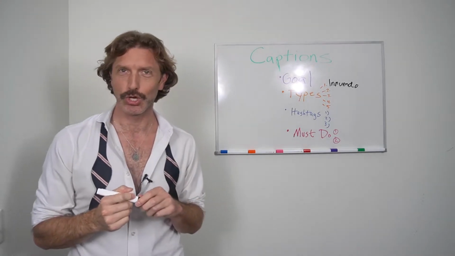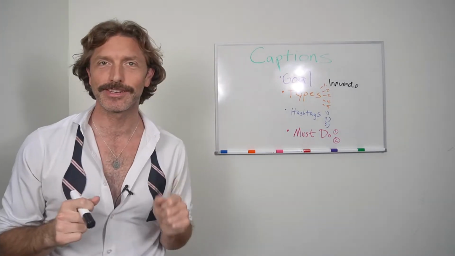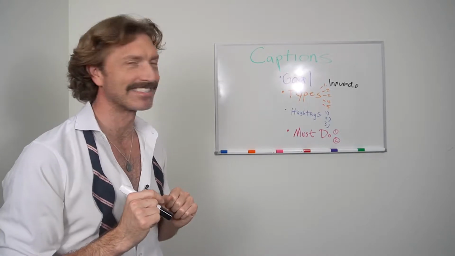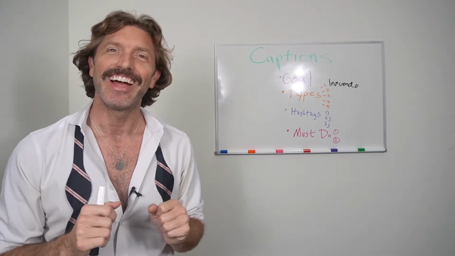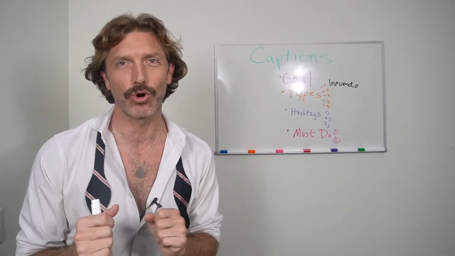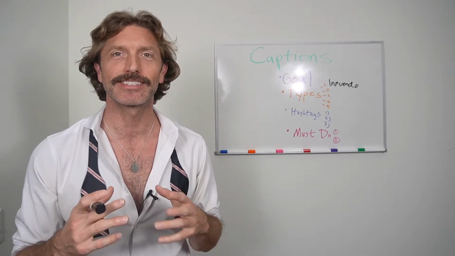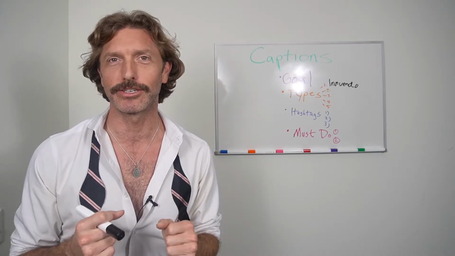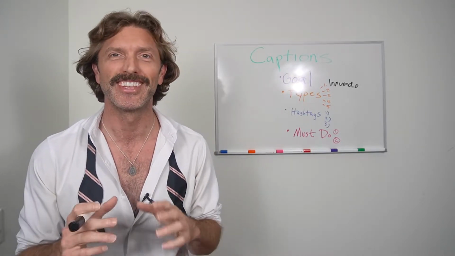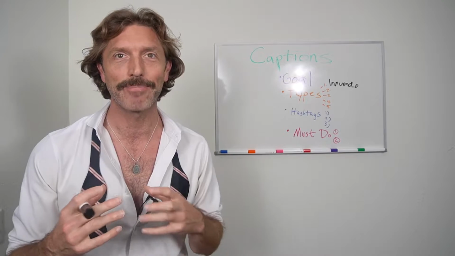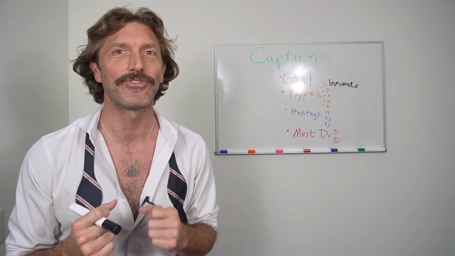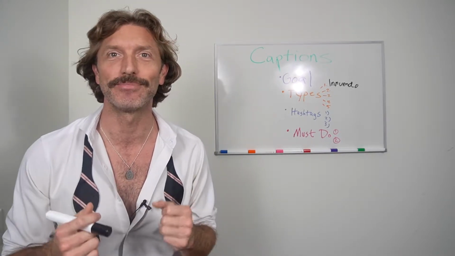So innuendo, in the thirst trap world, is kind of a risque double entendre, okay? So there's a double meaning happening that your followers are gonna pick up on and appreciate.